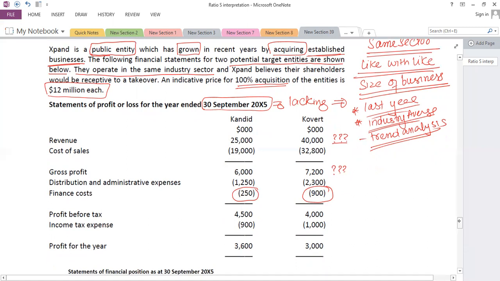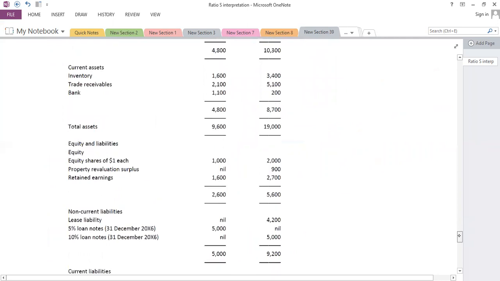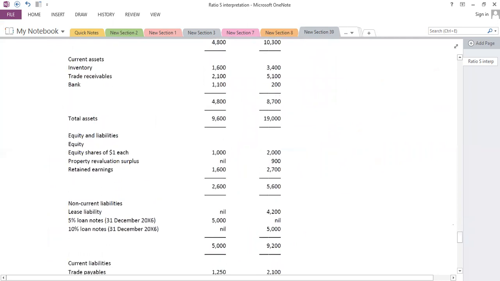It means that if you look towards the debt ratio, you can see here the debt is the same. Like the loan, one company has a 5% loan, the other company has a loan, but the rate is different. There might be a reason for the change in rate.